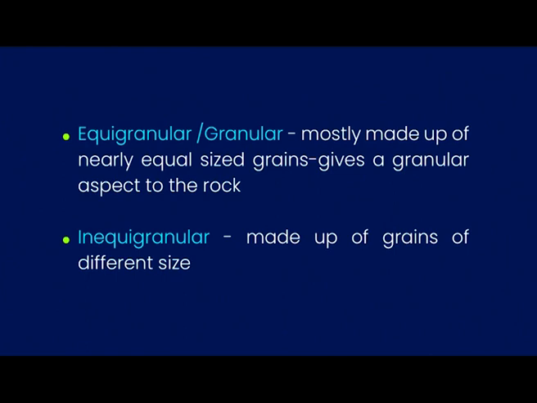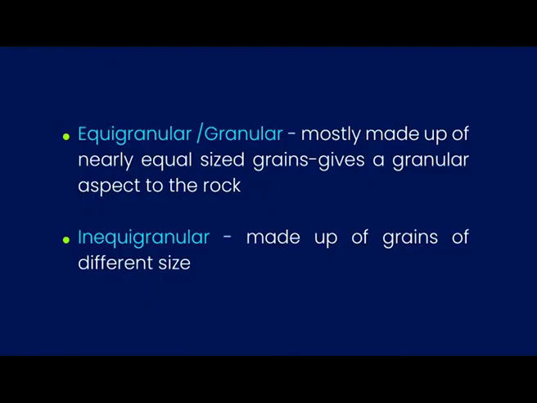So, continuing our discussion on fabric, we find that the mutual relationship among grains and glass has to be described in fabric. Based on that, many types of igneous textures are distinguished. The major types are equigranular texture or granular texture and inequigranular texture. In equigranular texture, we will find that most of the mineral grains are of nearly equal size, which gives a granular aspect to the rock.